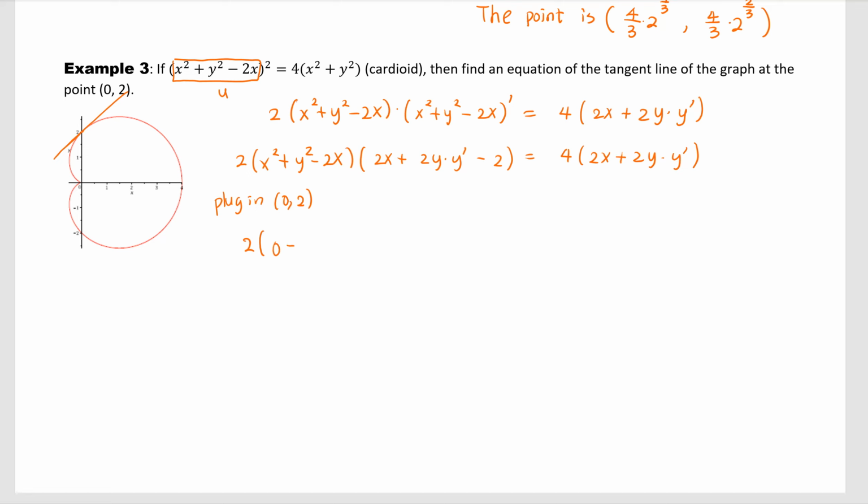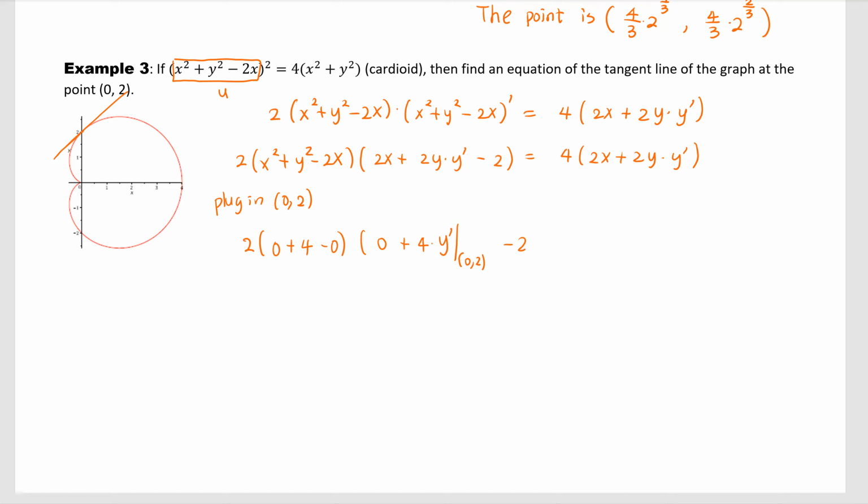When we plug in 0, 2, what happens? x is 0, y is 2, 2 squared is 4, minus 0, and 2y is 4, times y prime. So y prime evaluated at 0, 2, because we're plugging in. y prime is the derivative, a function of x and y, but when you plug in the number, you should use the notation y prime evaluated at (0, 2).